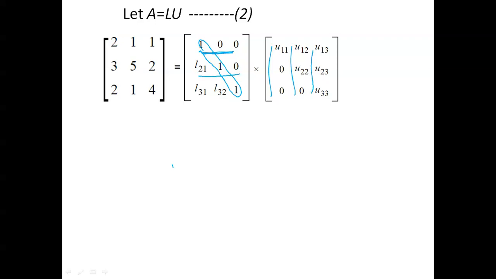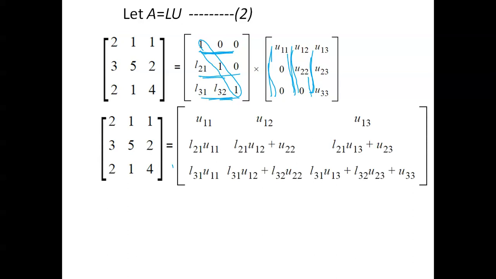Similarly, second row and first column, second row and second column, second row and third column. In the same way, third row and first column, third row and second column, and third row and third column. The resultant matrix is displayed here.